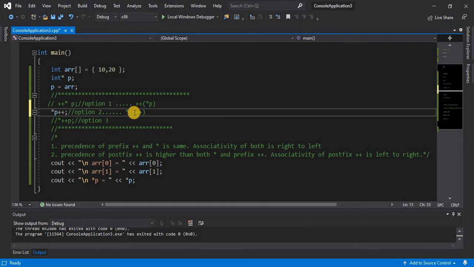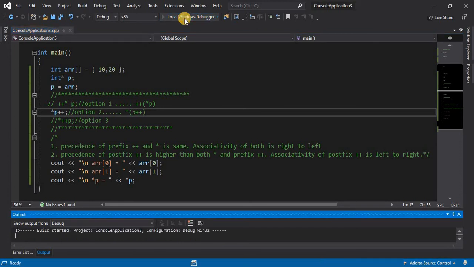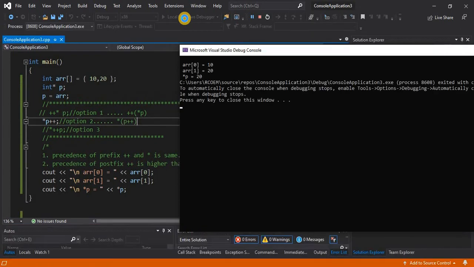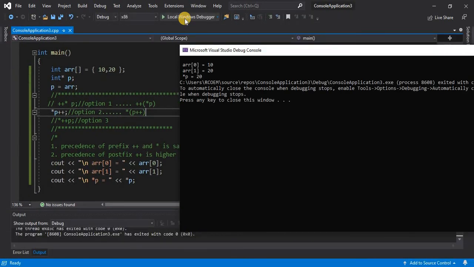Now let us see the output of the same. So ARR 0 is 10, ARR 1 is 20, and *p is 20. So how did it work?